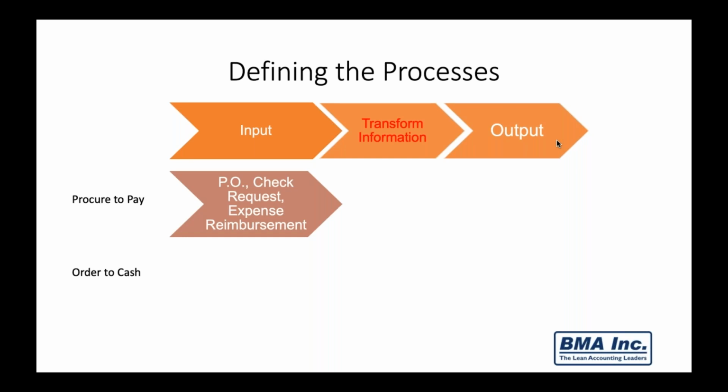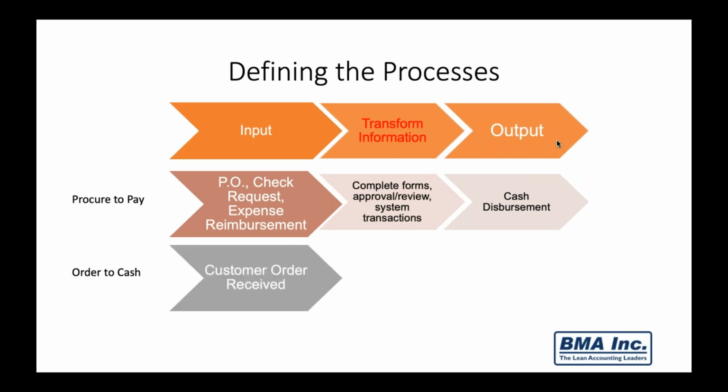So what happens in the process is that there are all these different activities. Forms are completed, there are approvals, there are reviews, there are system transactions to transform the initial information into an eventual cash disbursement. So as opposed to just thinking about payables, let's think about procure to pay.